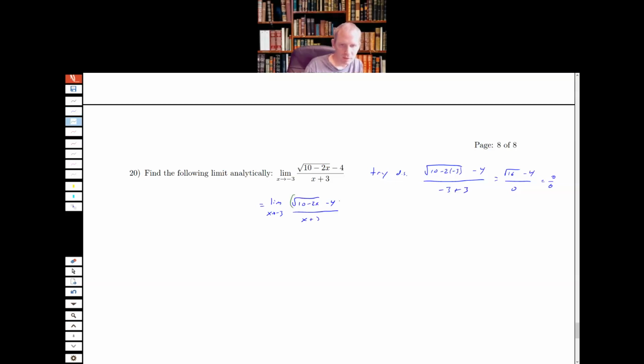I'm going to take this fraction and multiply it by the same thing I have on top, except instead of separated with a subtract, I will separate it with a plus. That's the conjugate. To make sure that I haven't changed the value of the limit, I divide by the same thing, so I'm really just multiplying by a fancy form of 1.